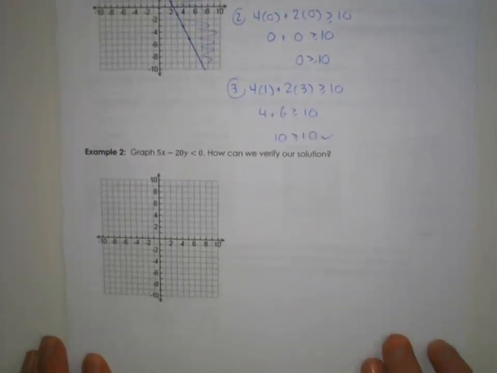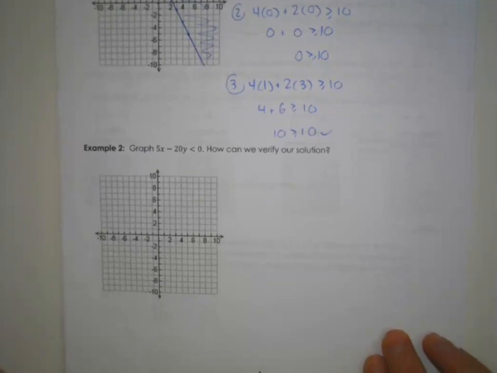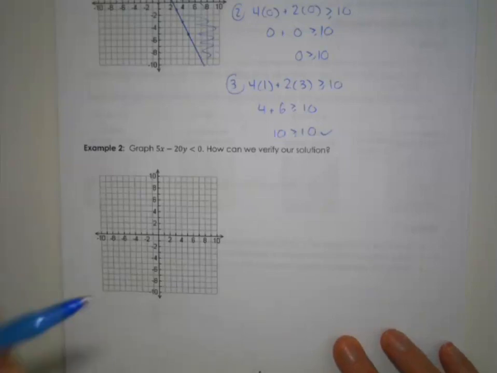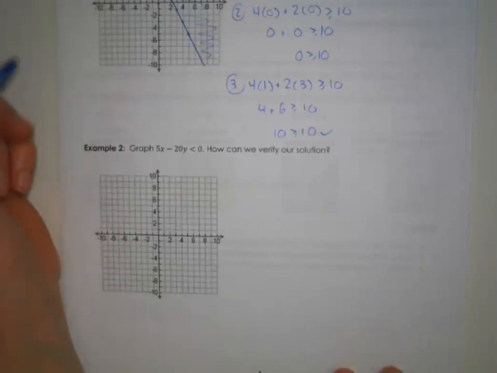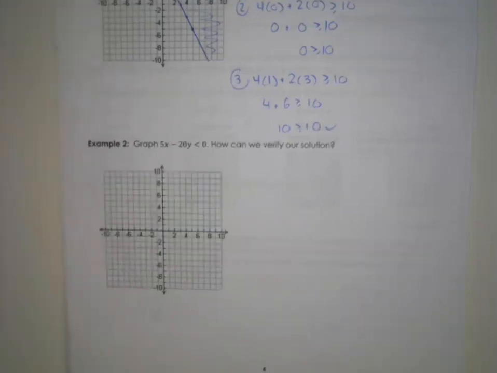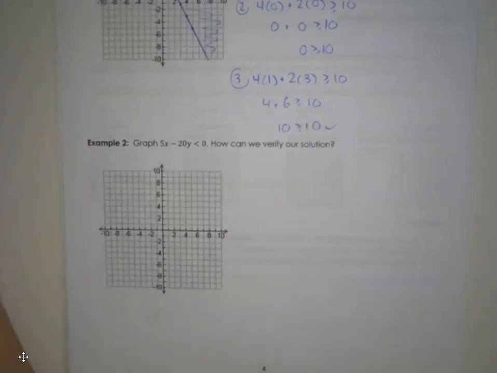All right, next one here, kind of similar: 5x minus 20y is less than 0, and they're asking how we can verify our solution. For this graph, I wanted to show you the second possibility of how to do these types of questions, but it doesn't work here because if you find your x and y intercepts, they're both (0, 0), so you don't end up with two different points.